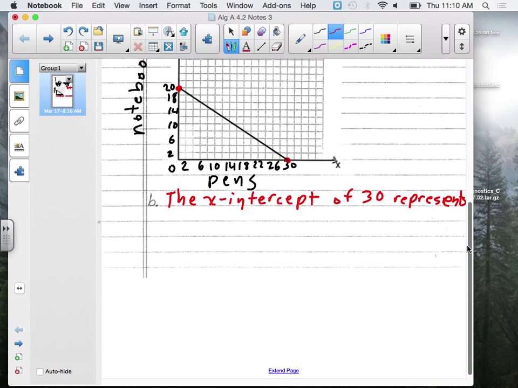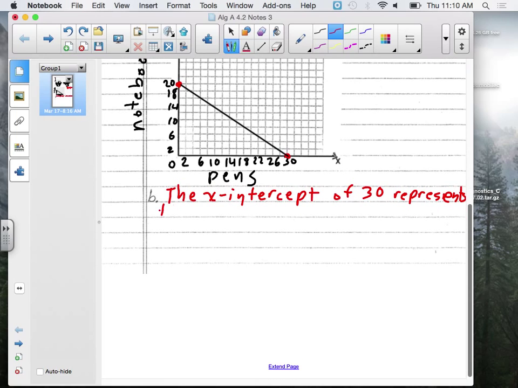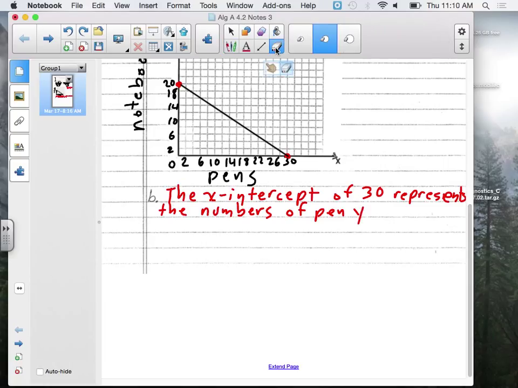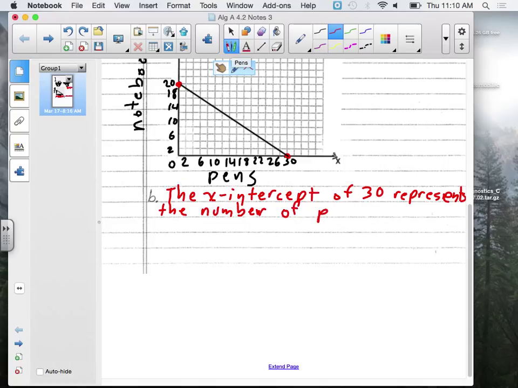So the x-intercept of 30 represents the number of pens you can buy when you don't buy any notebooks.